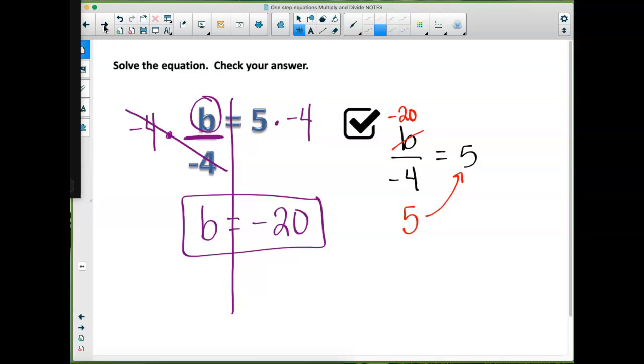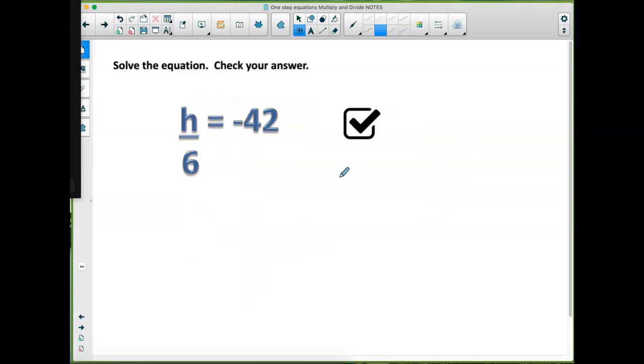Okay, all right, let's try this one. Another one, kind of the same thing. Write that down, h over 6 equals negative 42. And then draw a line by the equal sign. Circle the h.